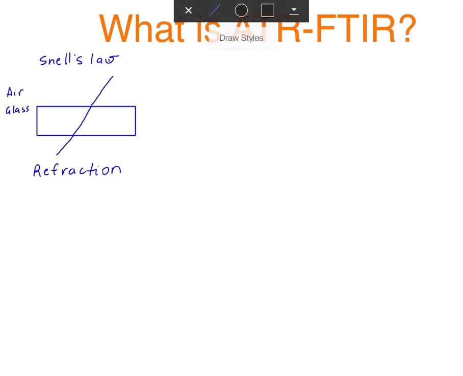And we can actually measure the angle of the incident light. For that, we're going to draw the vertical line, and the angle of incidence is measured with respect to that line.